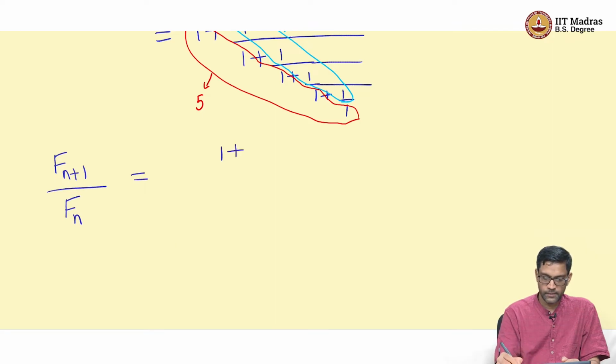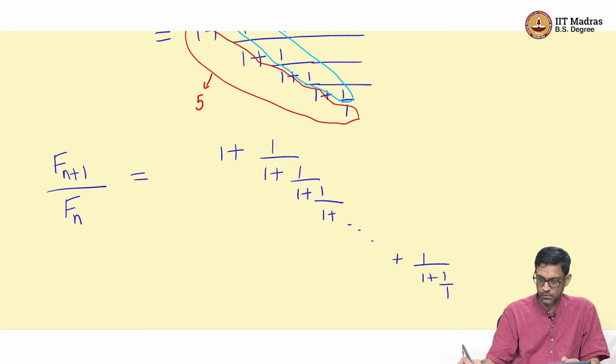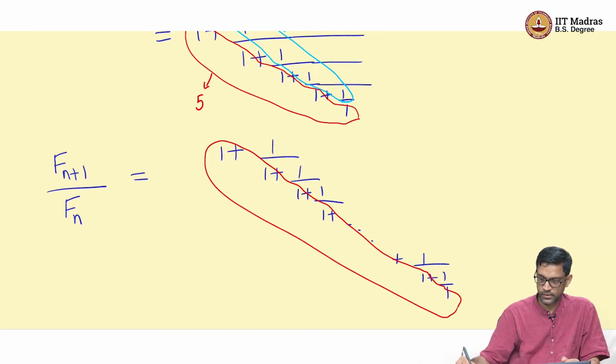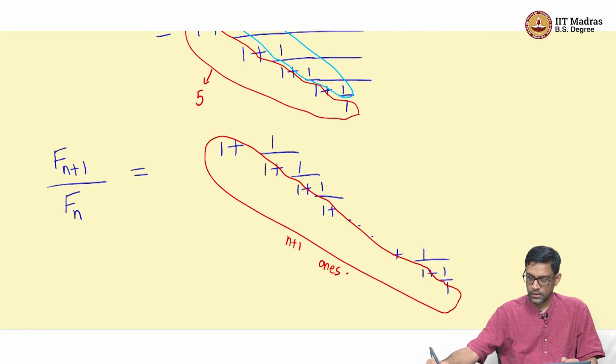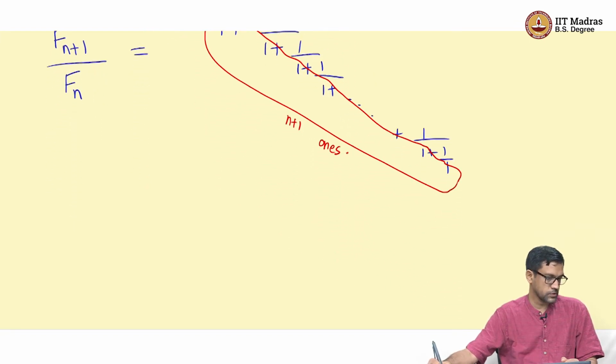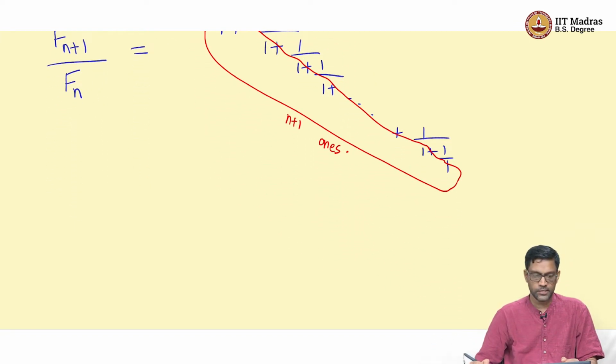This would just be 1 plus 1 over 1 plus 1 over and so on, where the bottom sequence of ones is of length n plus 1.